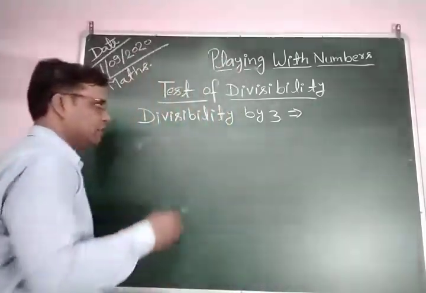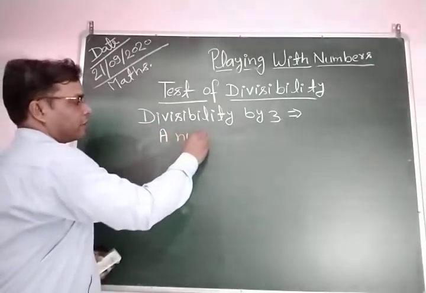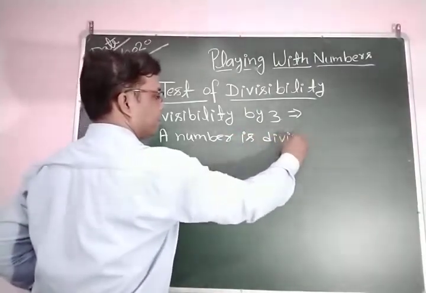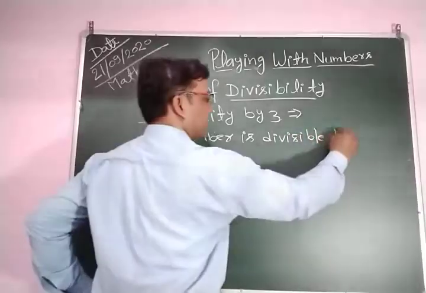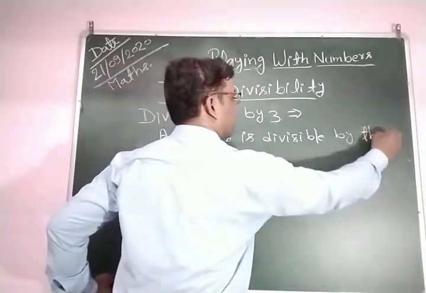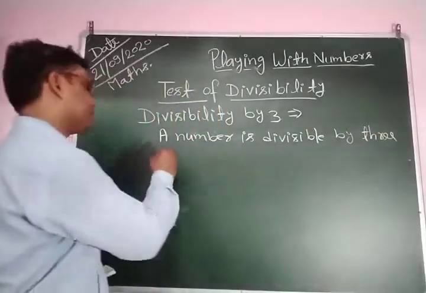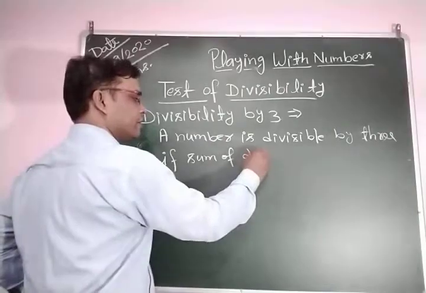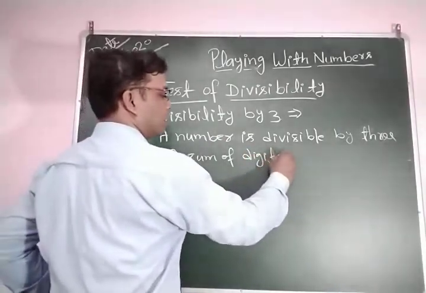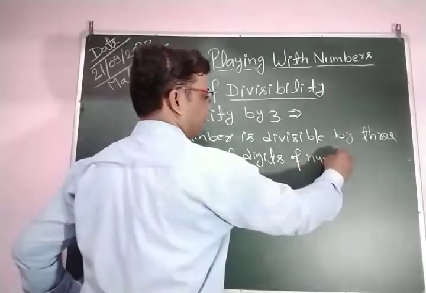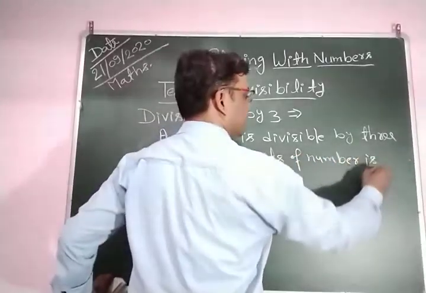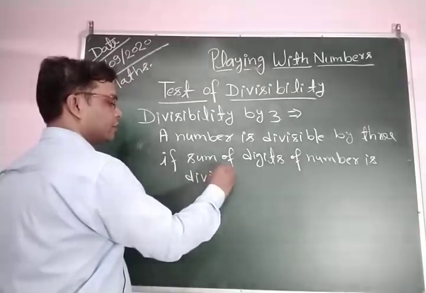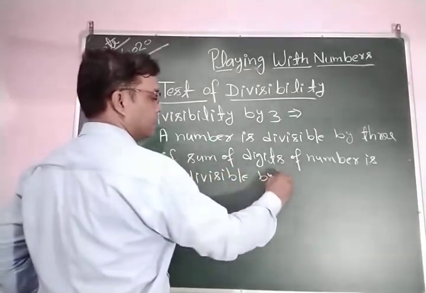You can write here: a number is divisible by 3 if the sum of digits of the number is divisible by 3.